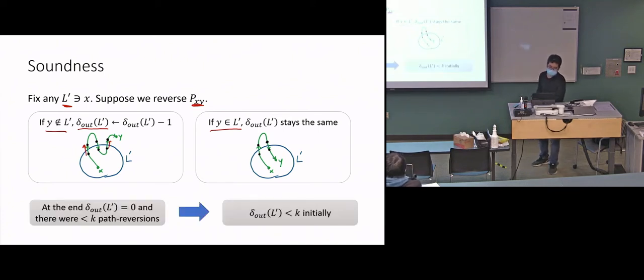What does it mean here? It means that if at the end of the algorithm the cut size from L is 0, and there were strictly less than k path reversions, then in the original graph the cut size of L is strictly less than k.